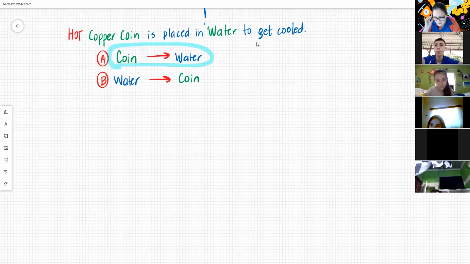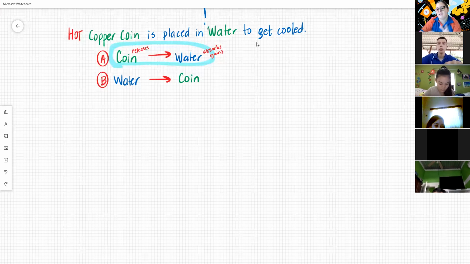That is an analysis that you want not to avoid. Always do that, even if it takes a little longer, okay? So if the coin transfers energy to water, that means that the coin releases energy, and the water absorbs or gains energy.